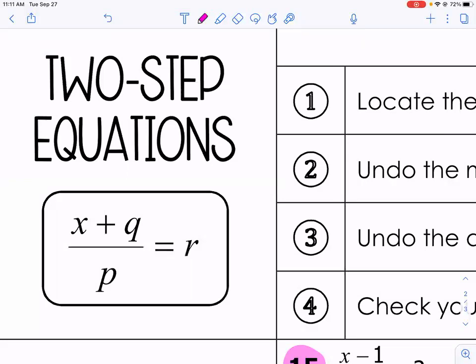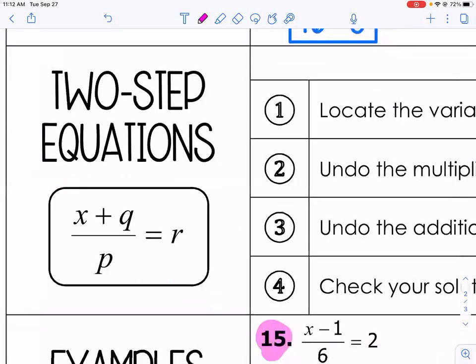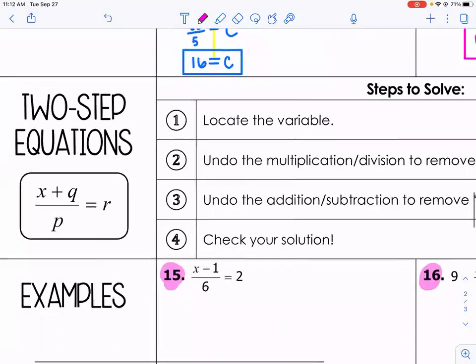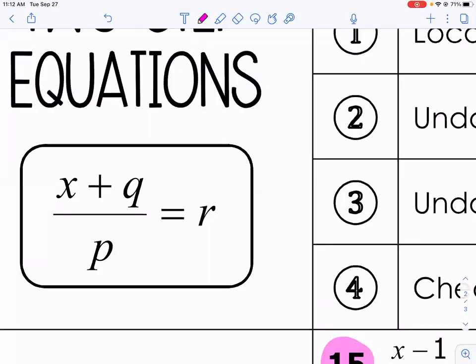Now, when we have something that looks like this, if P plus Q or P minus Q is being divided, all of it, by a number, then we have to get rid of that number first, because that division is tied to everything. So in this problem, we are going to have to undo the division in our first step before we can undo the addition or subtraction, because all of this is being divided by that P.